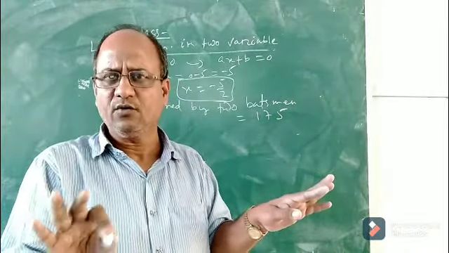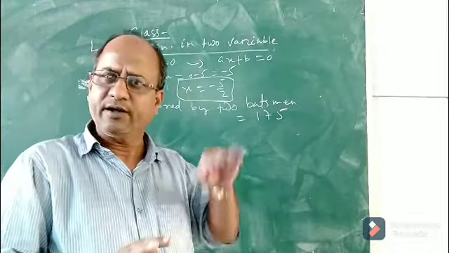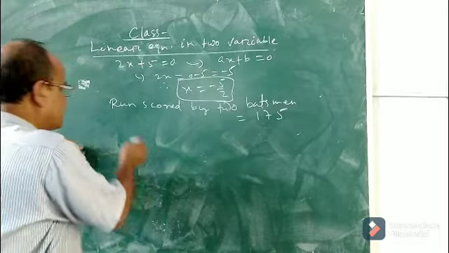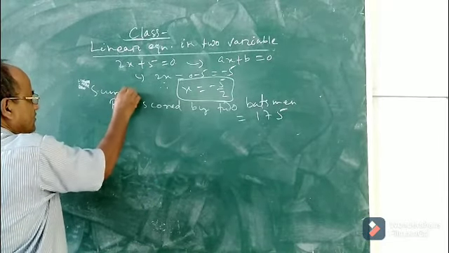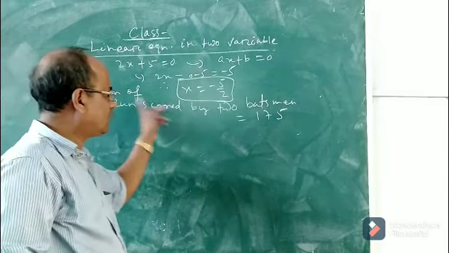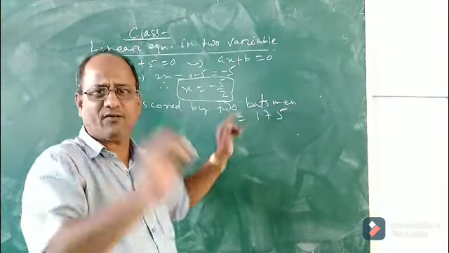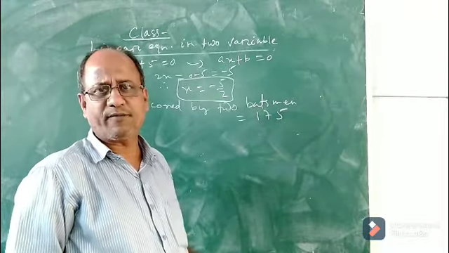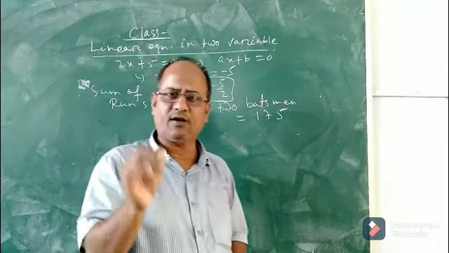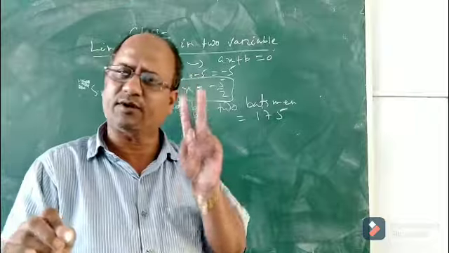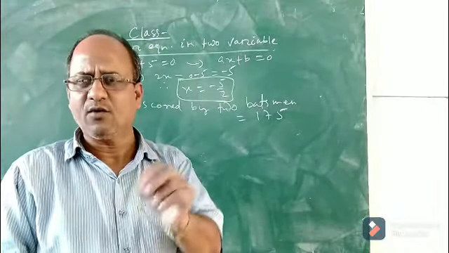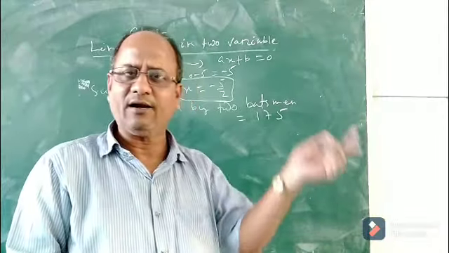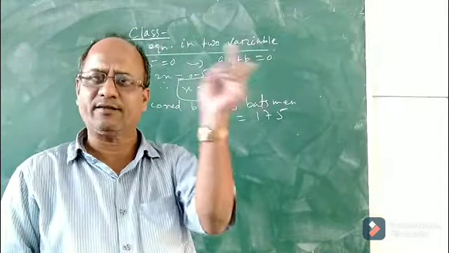It is given that the total runs scored by two batsmen is 175. To represent this in terms of an equation, definitely we have to take two variables: one variable for the runs scored by one batsman, and the other variable for the runs scored by the second batsman.